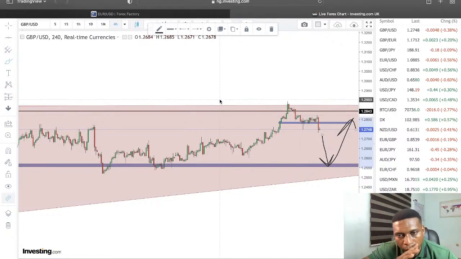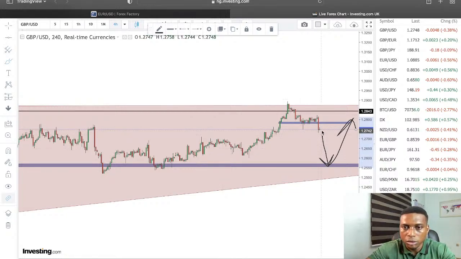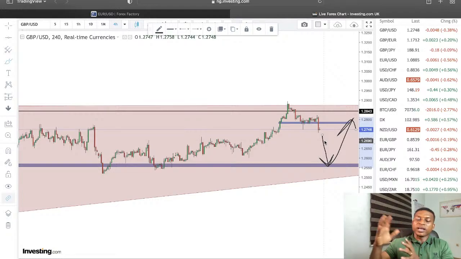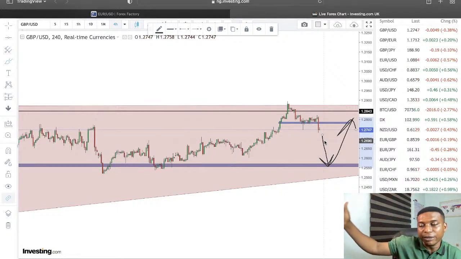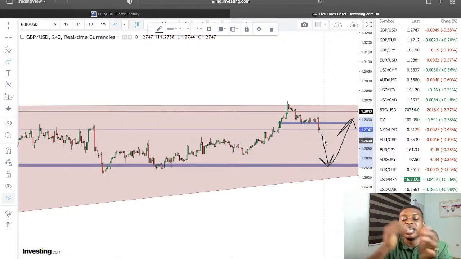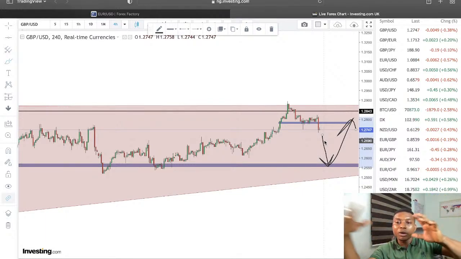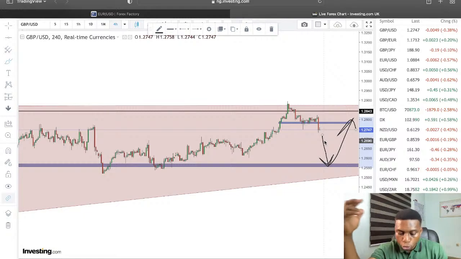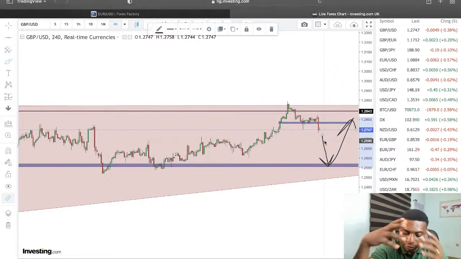So what do I want to do here? I want to sell GBP USD. Don't forget, we did a top-down approach coming from higher time frames to lower time frames in order for us to come from a broader perspective of the market to a more clearer perspective of the market.